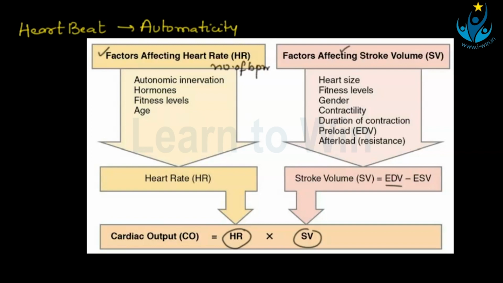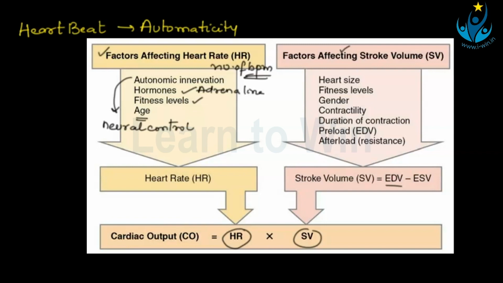The number of beats per minute can be affected by hormones like adrenaline, like we spoke about. They can be affected by fitness levels, by age, and by autonomic innervation, that is neural control. Sometimes when there is too much pressure or stress, the neural control will kick in. So these will affect the heart rate.